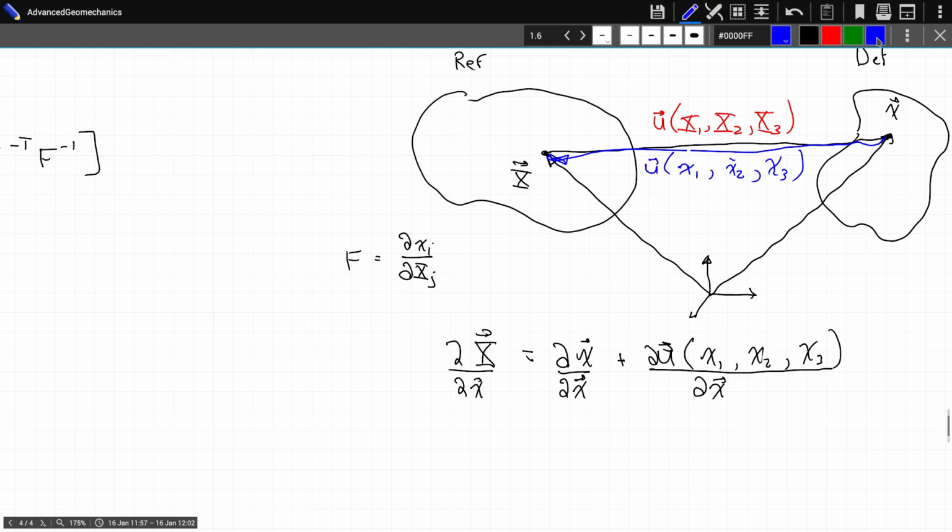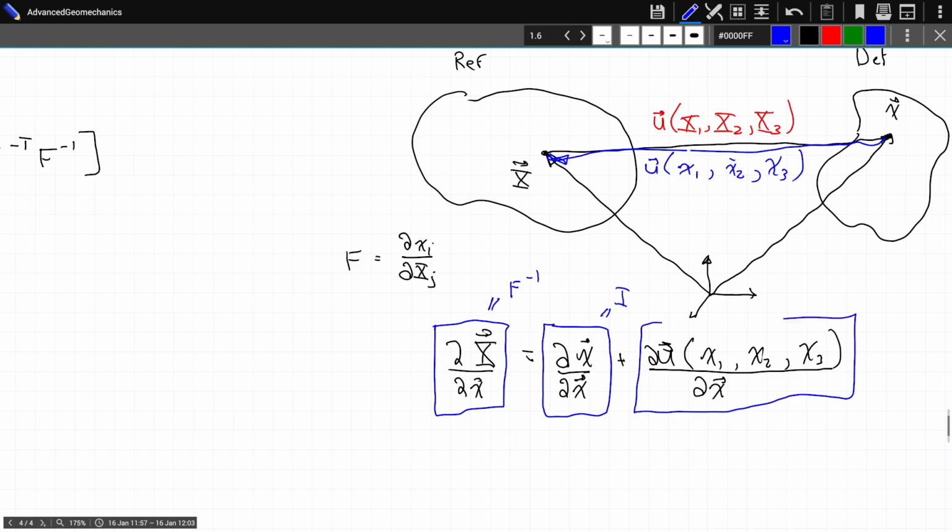So this is F inverse, right? This is the identity matrix, and this is grad little x u, right?